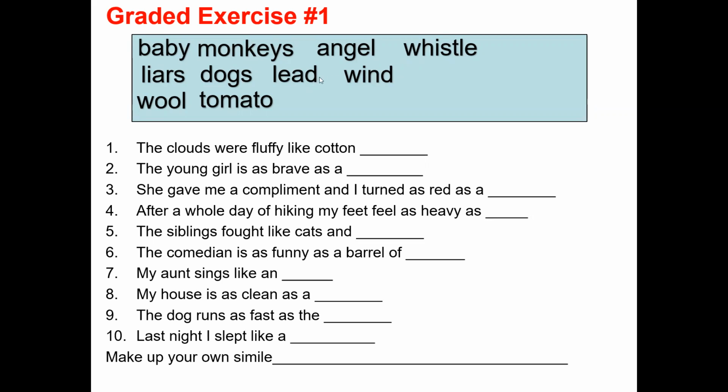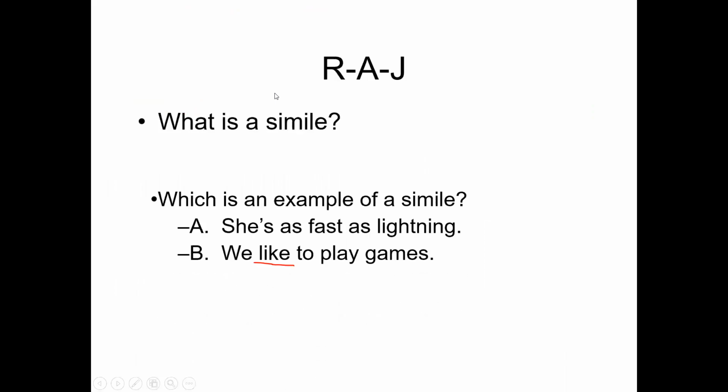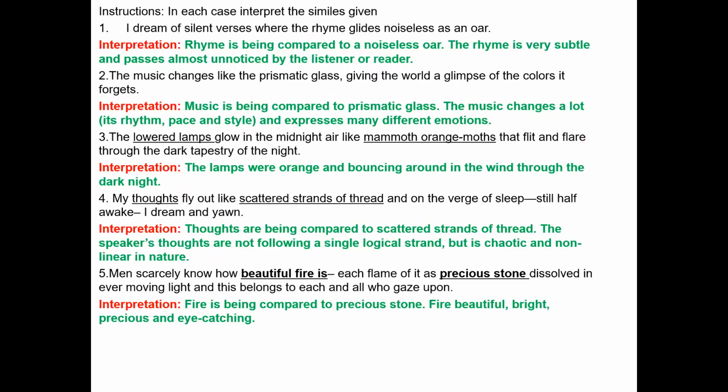But for these ones, the challenge came because some of you did not know what these words mean. People didn't know what prismatic means. People don't know what verge means. Mammoth, orange moss, flit, flare, tapestry. It had a lot of words that you didn't know, and so it was hard to give an interpretation because you didn't know what the words meant.